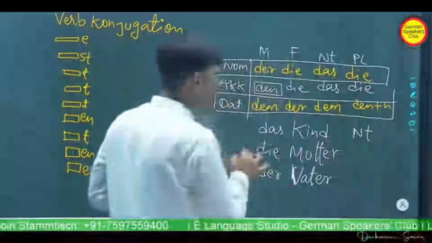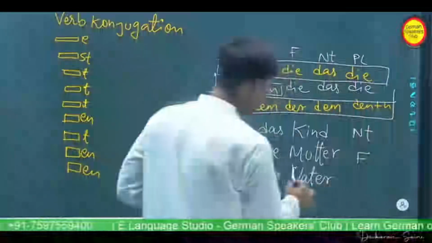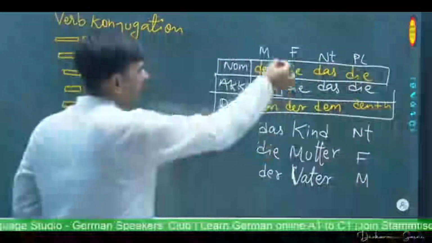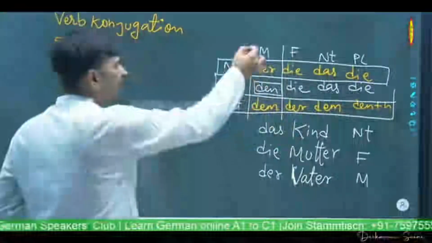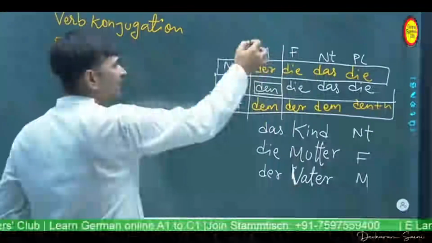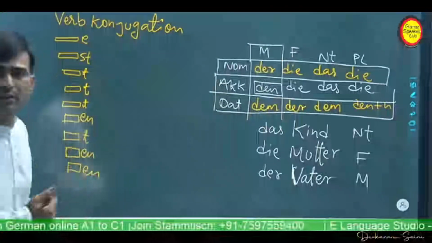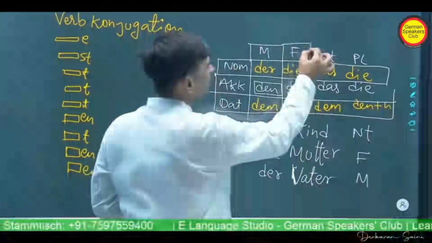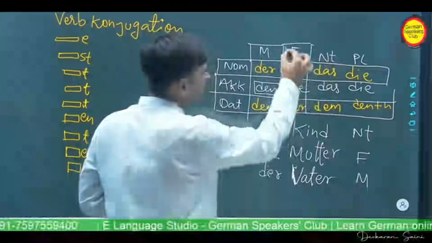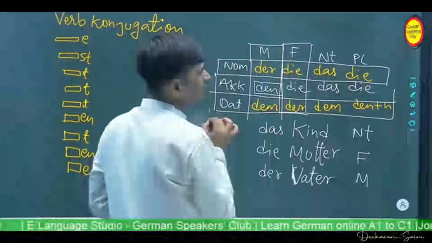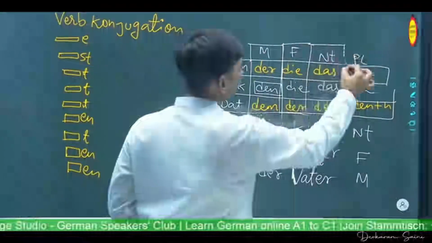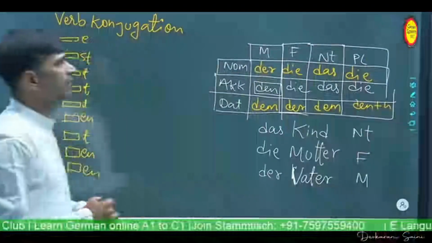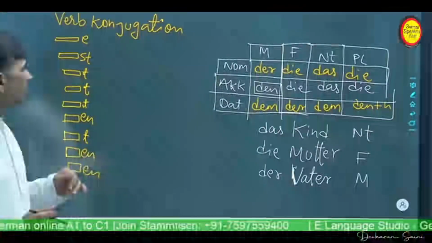Das Kind shows it is neutral, die shows it's feminine, and der shows it is masculine. So any noun that we learn, we'll always learn it with its correct article, der Vater, die Mutter, das Kind.